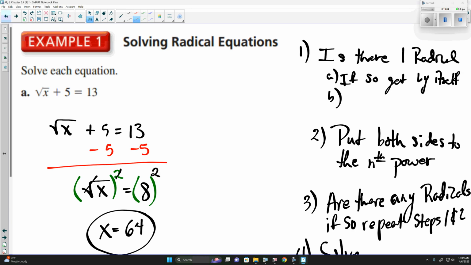So our steps. Is there one radical? If so, get it by itself. I left B there, and I think y'all did the same, yes? If more than 1, even them out.